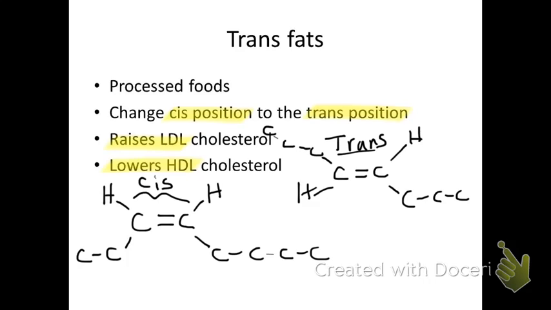Well, why did we do this in the first place? Why do we make trans fats? What you've got to see here is that certain foods say they're partially hydrogenated.